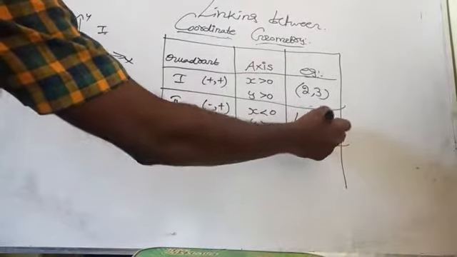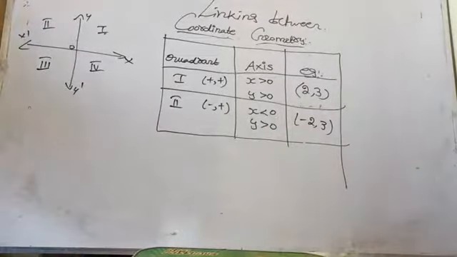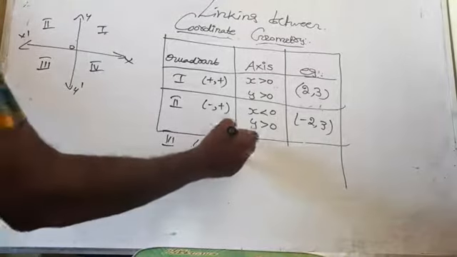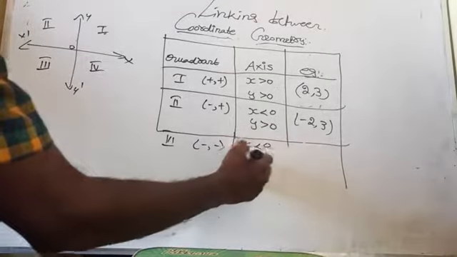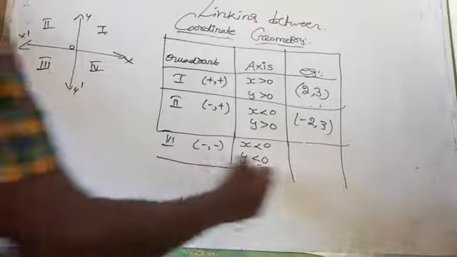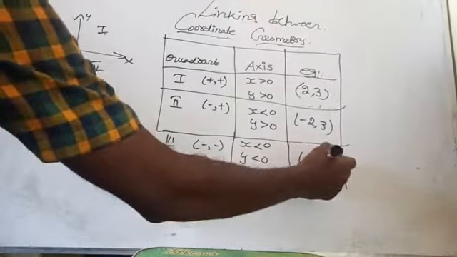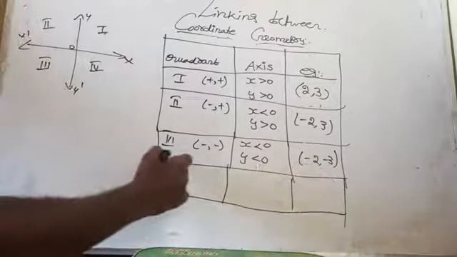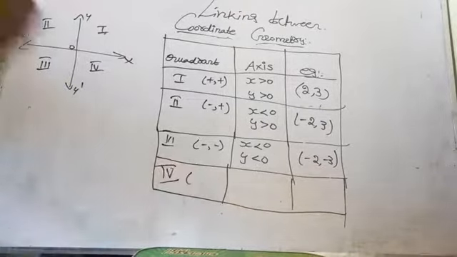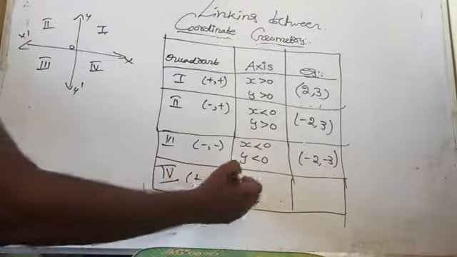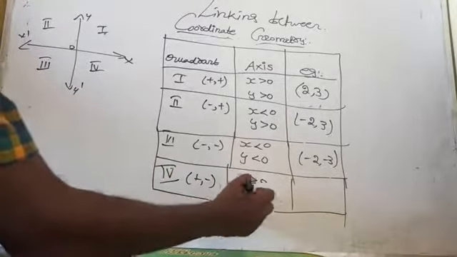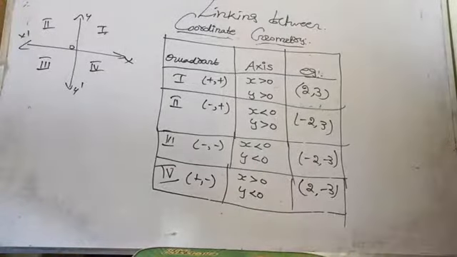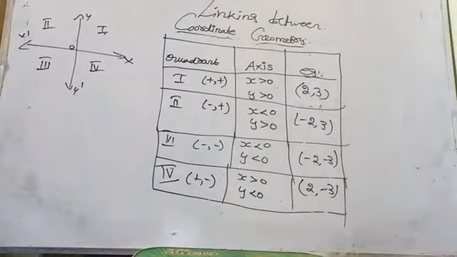The third quadrant is minus, minus, which means both are negative, (-2, -3). The fourth quadrant is plus, minus, that is x is positive and y is negative, so (2, -3).